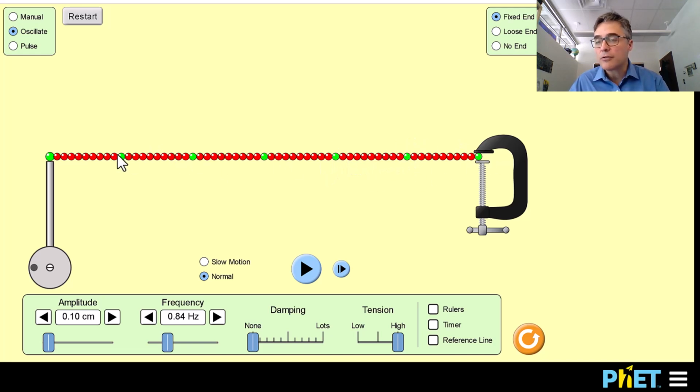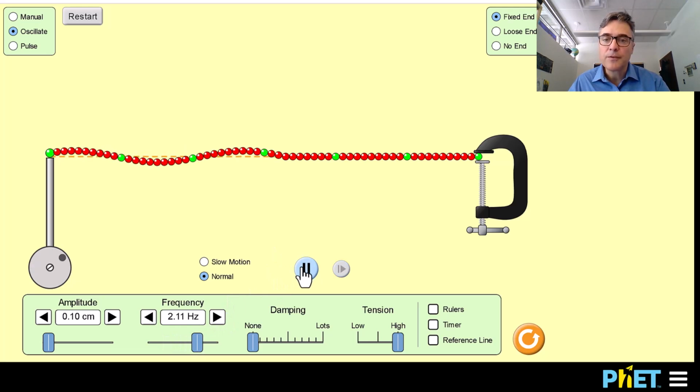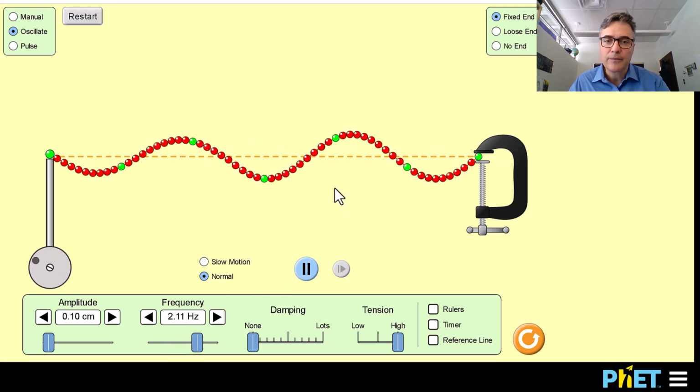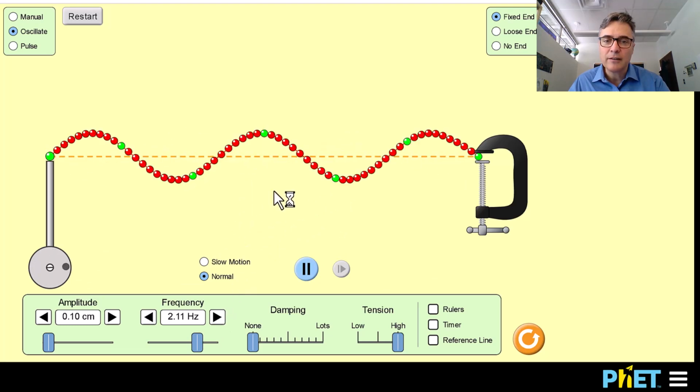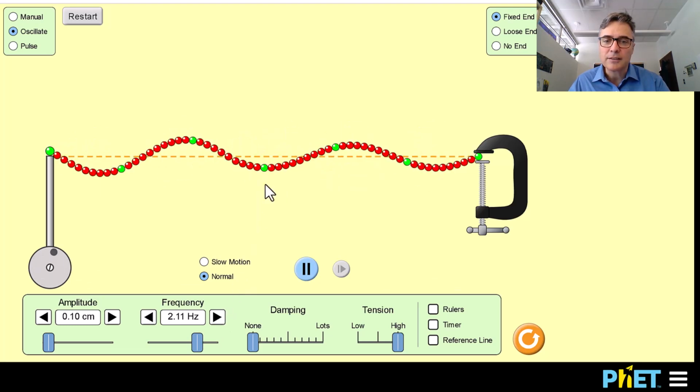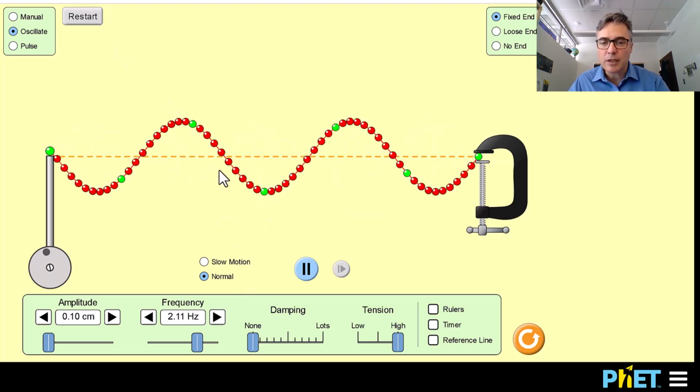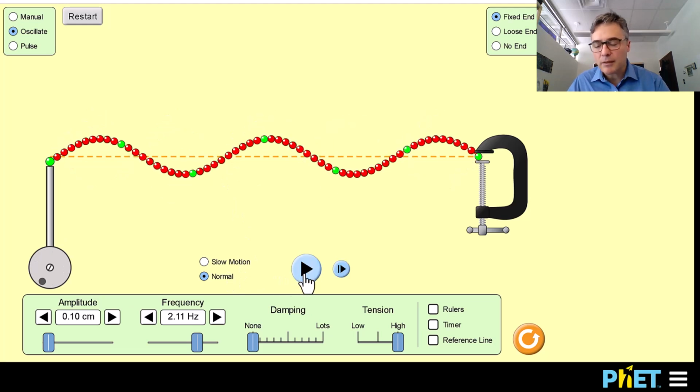The outer green beads are always nodes, I think, because they don't shake that much. But you want to get these inner 5 to be nodes as well. So I would crank up the frequency to some number, and try to find what that frequency is. It's not quite working. It takes a bit of trial and error. That's wrong, because this is definitely not a node. So just keep on searching around. You might be able to figure it out.